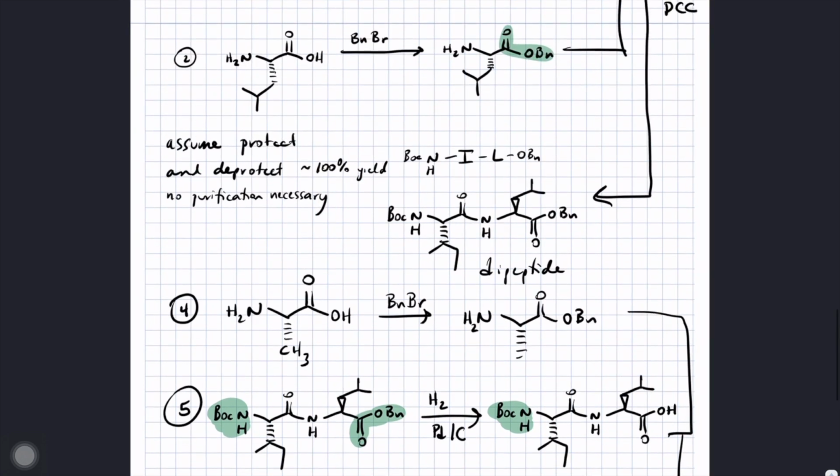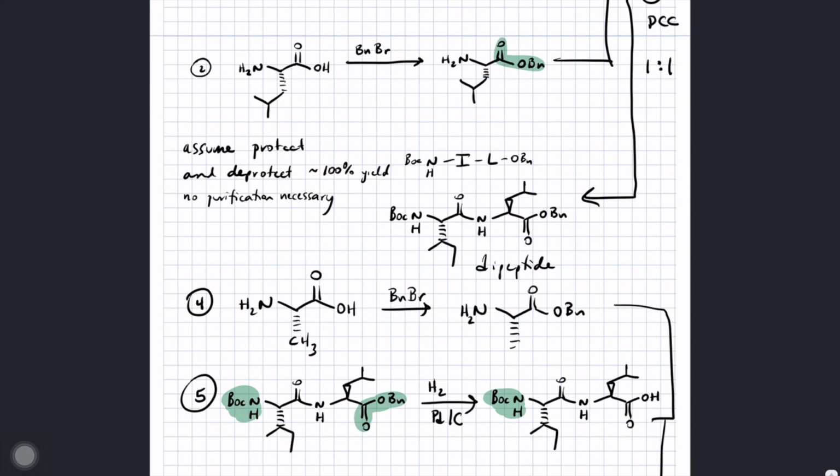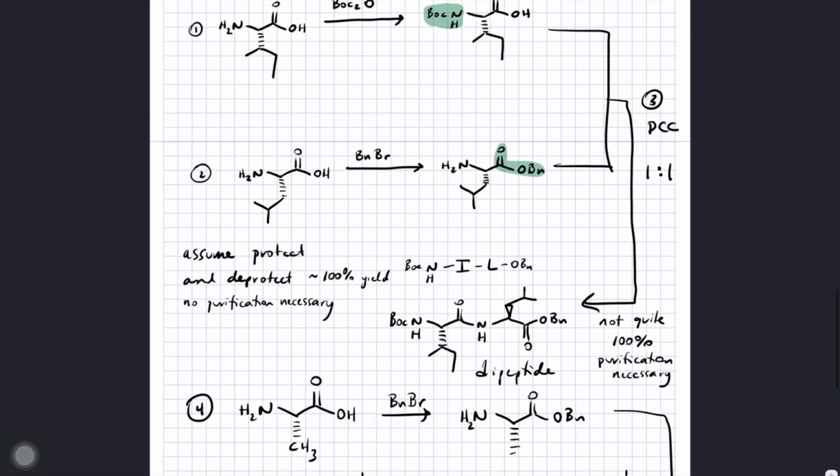But the coupling steps can be somewhat inefficient. Usually you're using a 1-to-1 ratio of carboxylic acid to amine, and sometimes that yield is not quite 100%. And so sometimes purification is necessary, and you've got to hope that your dipeptide is sufficiently different in properties from your two starting amino acids that the separation by chromatography will be easy.